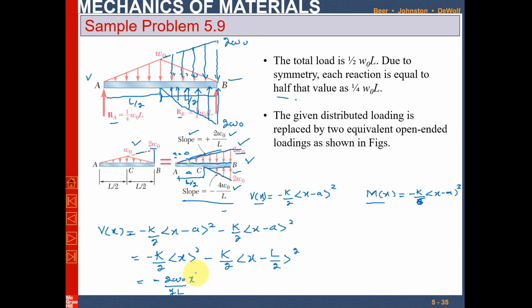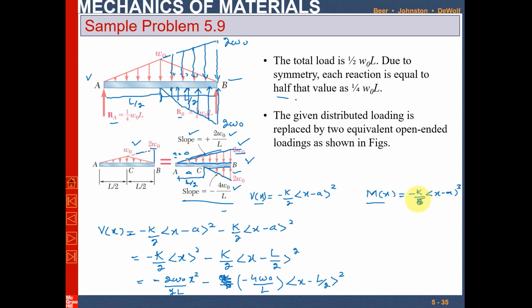This K2 will be, let me write its value, minus 4W naught over L into x minus L by 2 whole square. So this is the shear force equation for this beam.